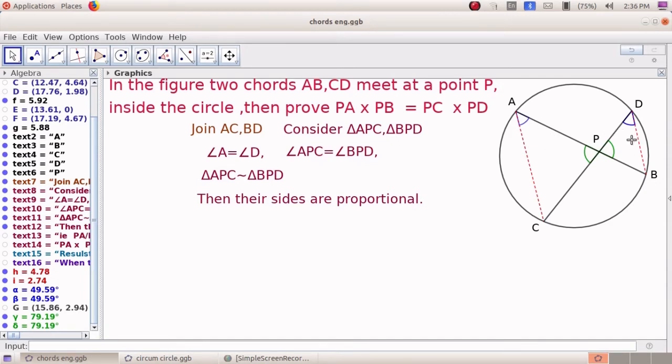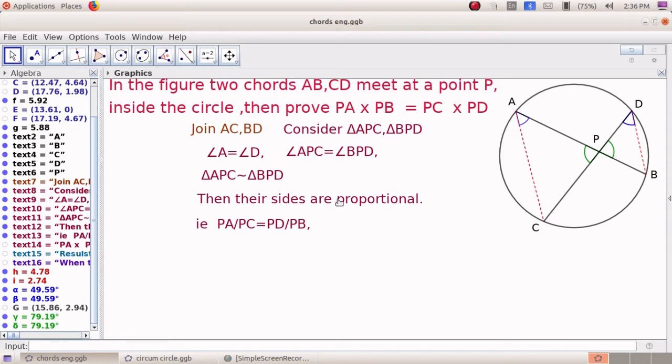There, the side against the same marked angle, angle D, its opposite side is PB. Therefore, when we find the ratio between AP and PC, AP by PC will be same as PD by PB. The proportionality of sides means the ratio of the sides will be equal, and so we write it like that.